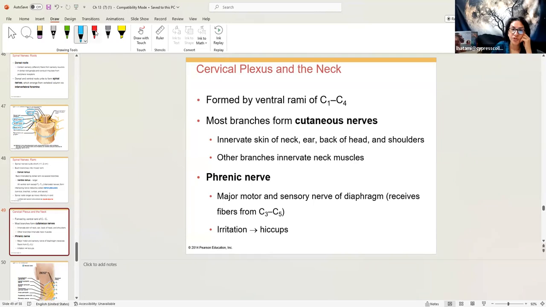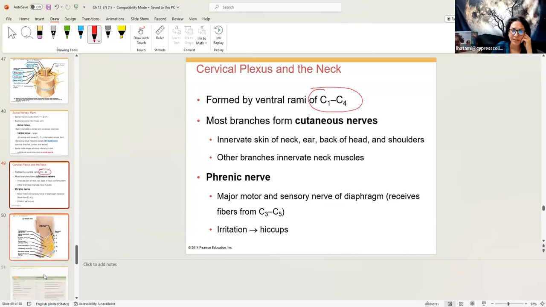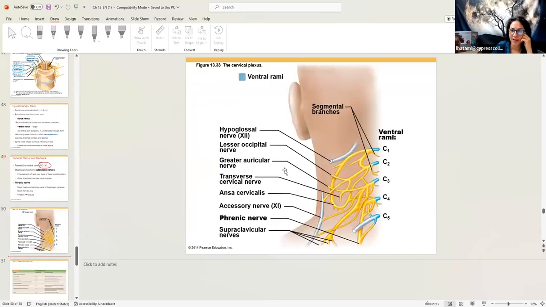The cervical plexus is made by the ventral rami of the C1 to C4 spinal nerves. As you can see in this picture, the ventral rami of C1, C2, C3, C4 join together and make the other branches, the other nerves.